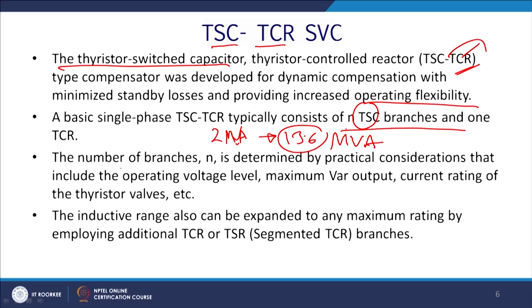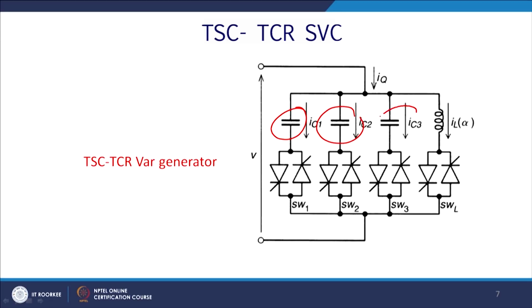Thus, the number of branches n is determined by practical considerations that include the operating voltage level, maximum VAR output, current rating, and the thyristor valve, etc. The inductive range also can be expanded to any maximum rating by employing additional TCR segments or branches. So, you can add on, that is all. Here this is one TSC, another TSC, and this is another.